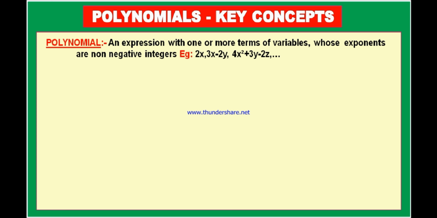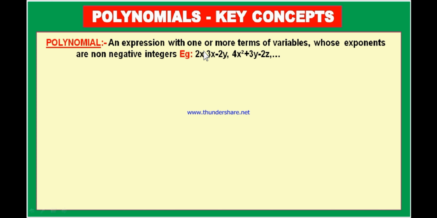Why? Because all these three have either one term or more than one term and they have variables, and the exponents of the variables are non-negative integers. Therefore, they are polynomials. Can you give an example of an expression which is not a polynomial? An expression is said to be a polynomial only when the exponent of the variable is a non-negative integer.